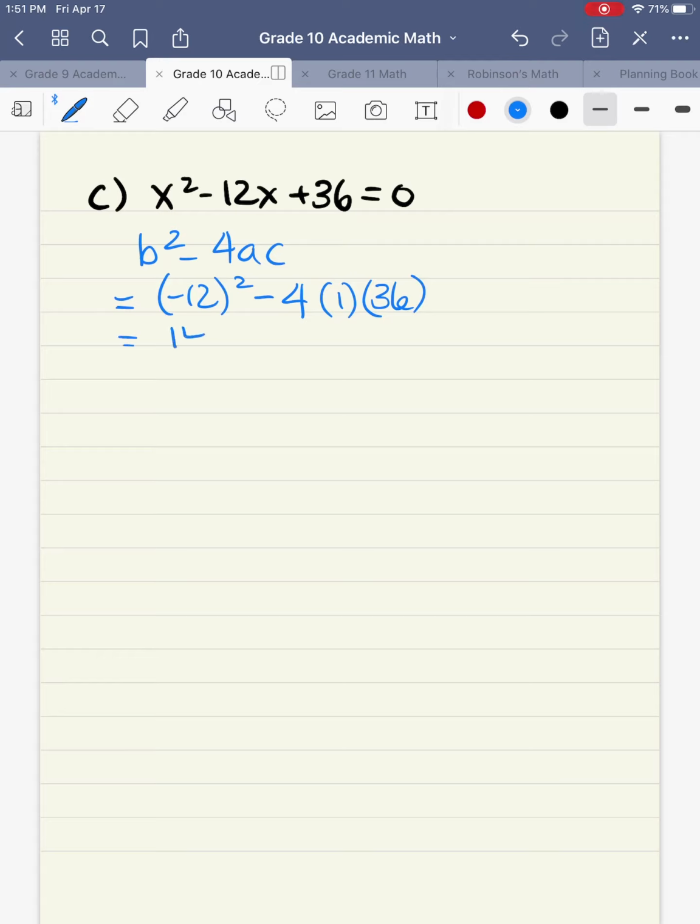Negative 12 squared gives us 144, and negative 4 times 1 times 36 gives us negative 144. So we have 144 minus 144, that gives us 0. In this case, there is only one real root because the discriminant equals 0.